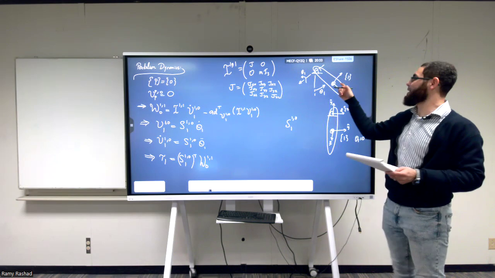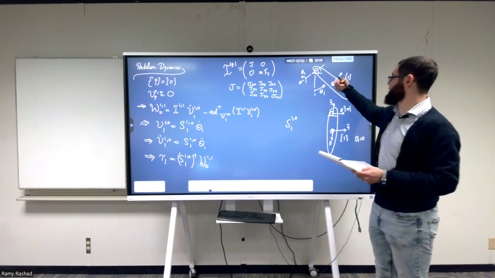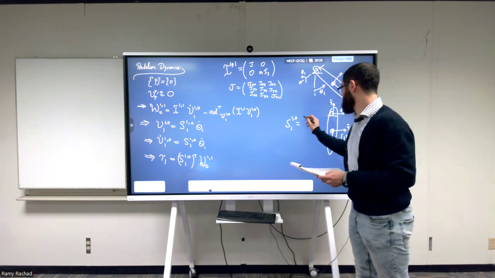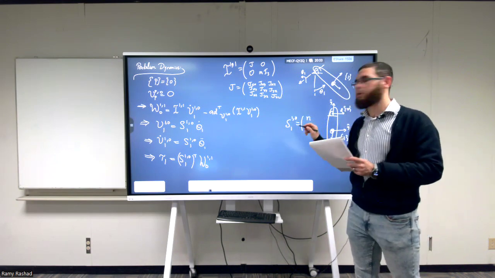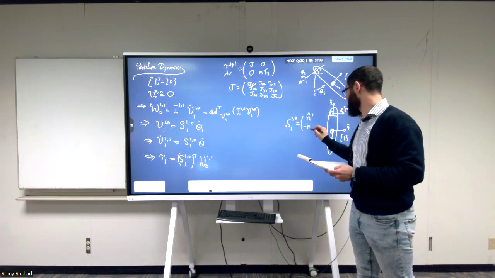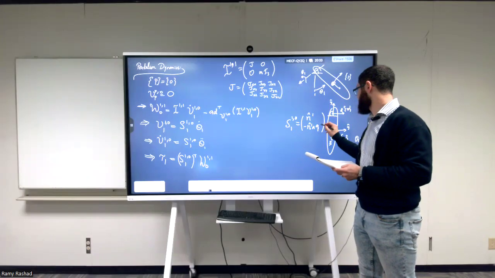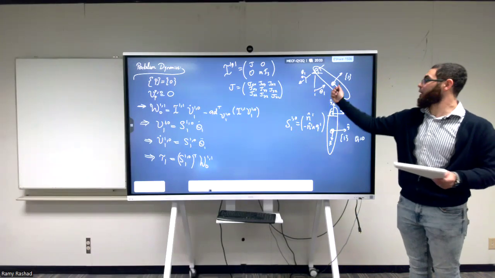We want to express it in this frame. First of all, we said that this is the x, this is the y, and this is the z. So this one has two terms. It's a revolute joint, so it has an n hat and a minus n hat cross product with some point on the axis, of course seen from frame one.